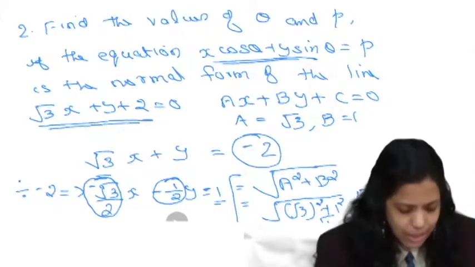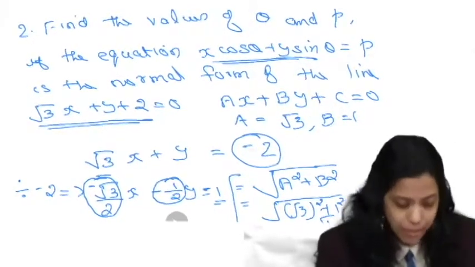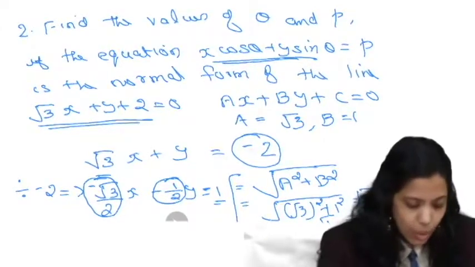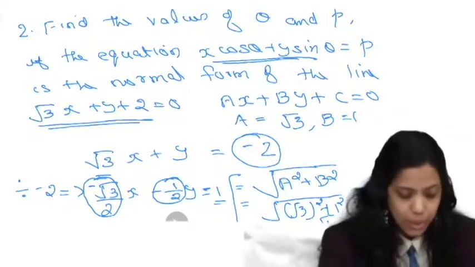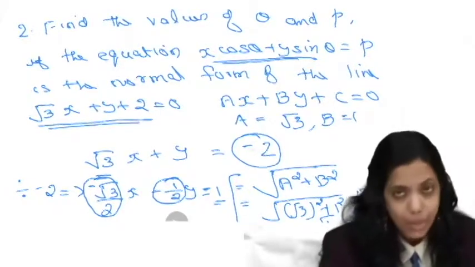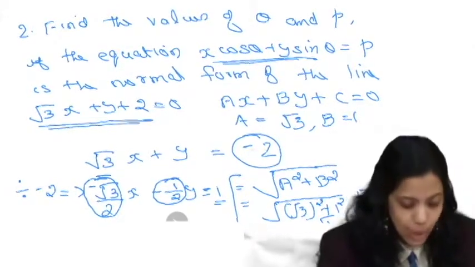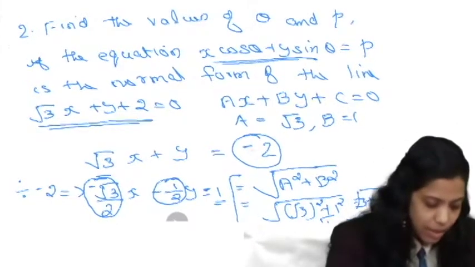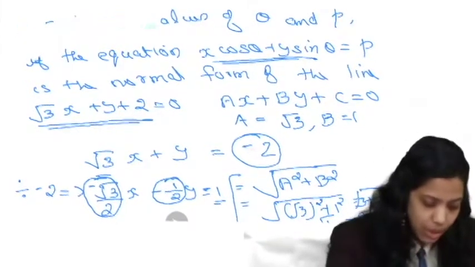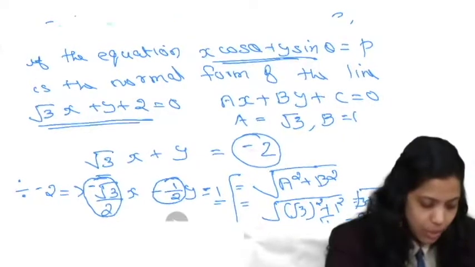So if I ignore that negative sign, we could get cos theta equals root 3 by 2 and sin theta is 1 by 2. So we know root 3 by 2 means it is cos 30. So let me change root 3 by 2 to cos 30.